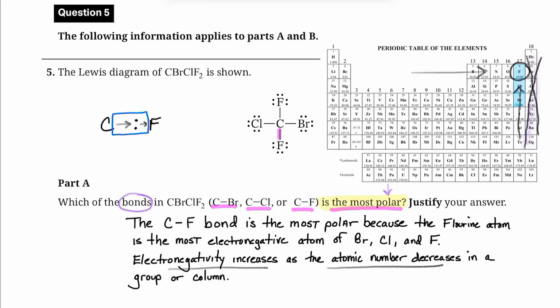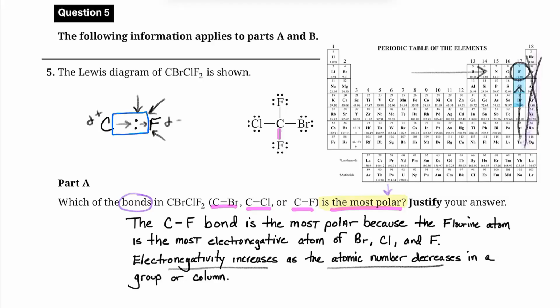But what's more important here is that because there's more electron density on this side of the bond, we would say this side of the bond has a partial negative sign. And because the carbon has less electron density as the electrons are pulled closer to the fluorine, we would say this is the partial positive side of the bond. So we've created differences in electron density that create the polarity.